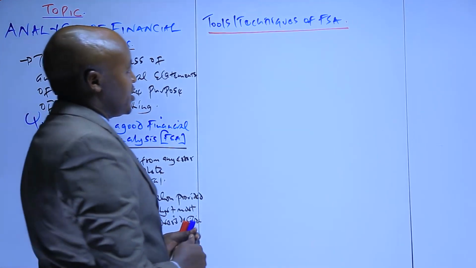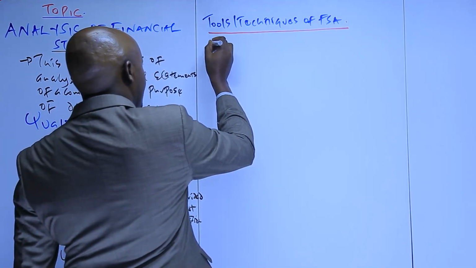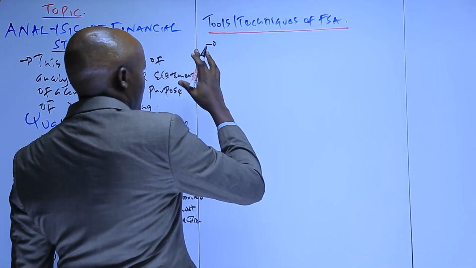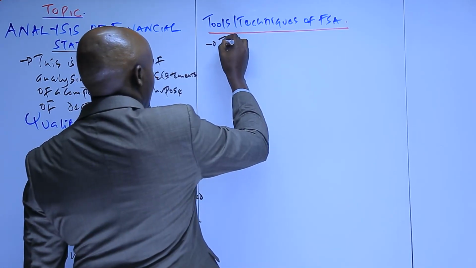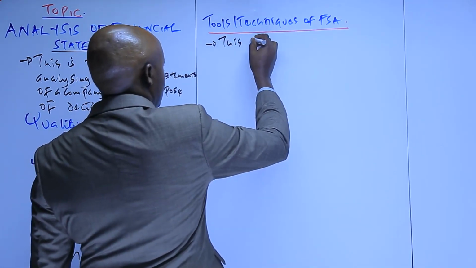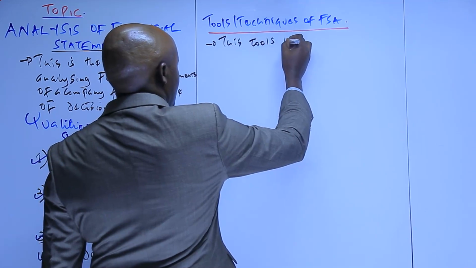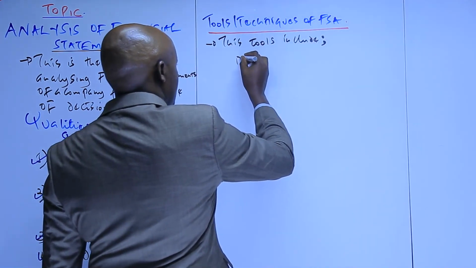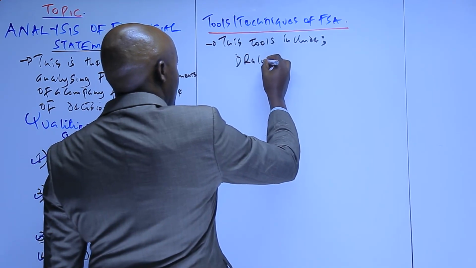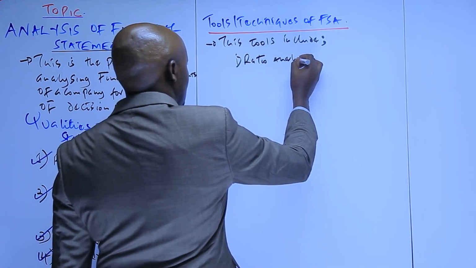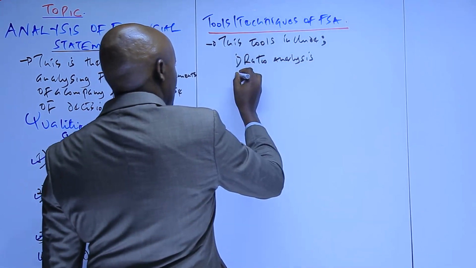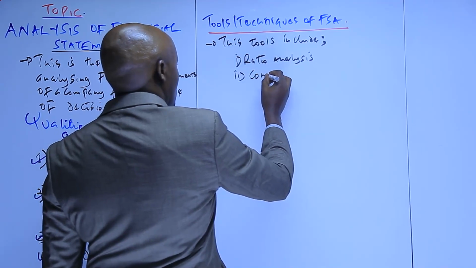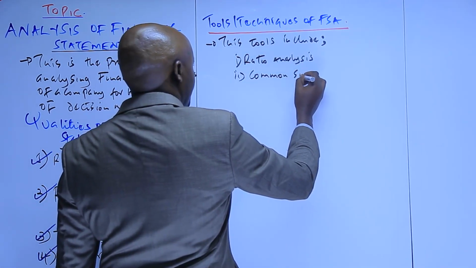So the tools or techniques which are applied by a financial analyst include, we have two main ones. Number one, ratio analysis, and number two, we have the common size.